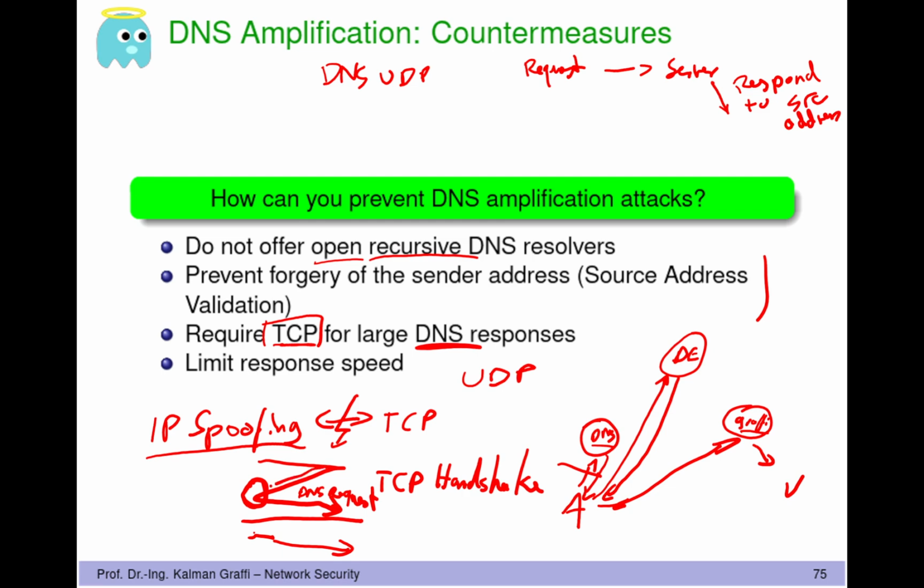This response of the server is essential to be processed correctly. Otherwise, you cannot send your next message. Because in IP spoofing, you do not get the response, the victim would get the response. This basically stops here, because you don't get the response, you cannot send the actual request. So using TCP stops the IP spoofing problem, but it introduces the handshake delay.